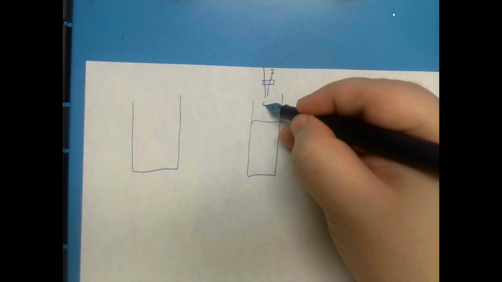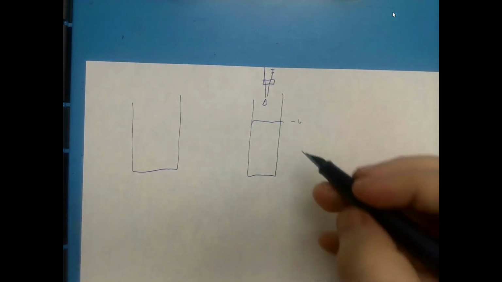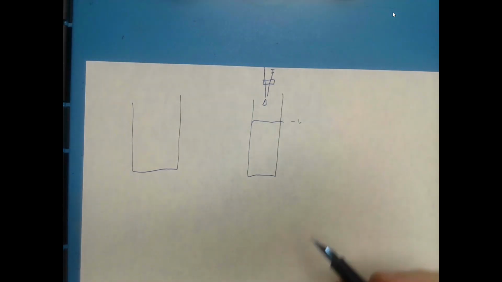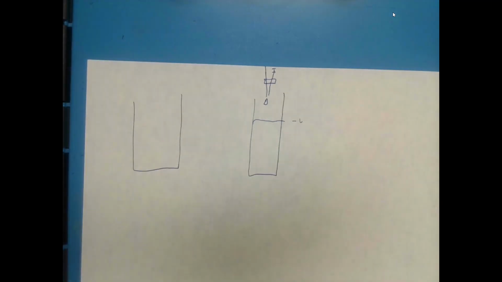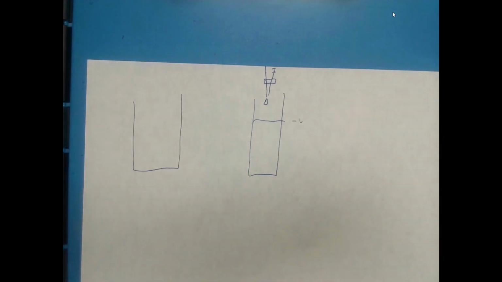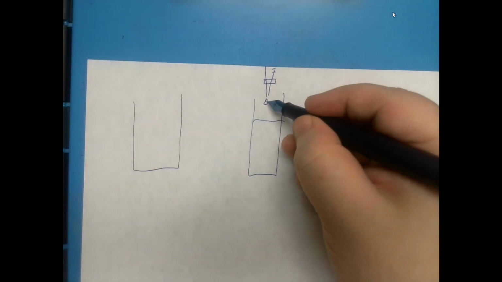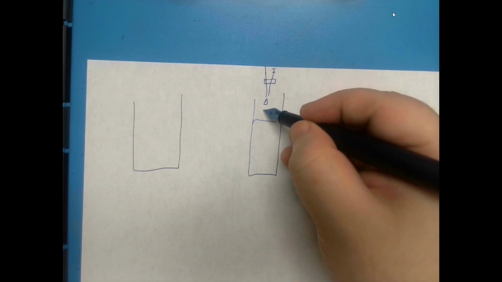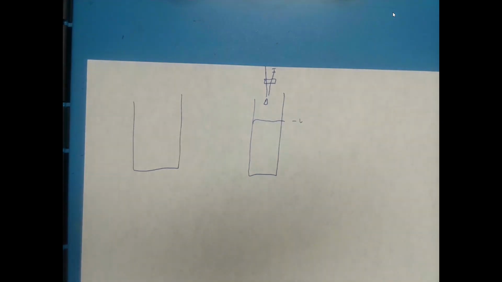We do this very carefully, keeping track of how much volume we're using, and we add a drop, and then we swirl this up and see if it turns pink. We continue doing this until it turns pink, and then we add the ever so tiniest drop until it barely turns light pink.